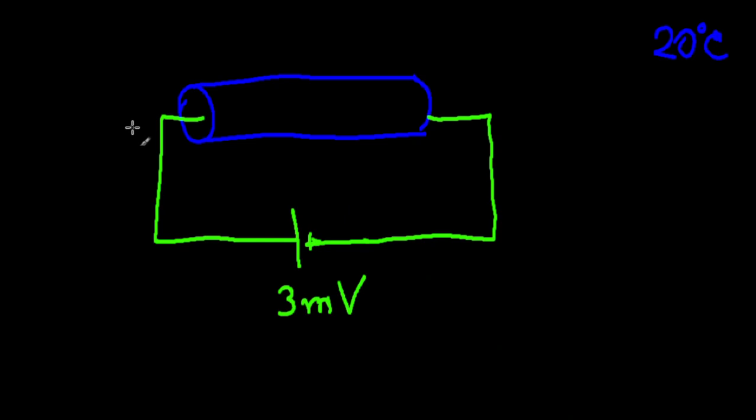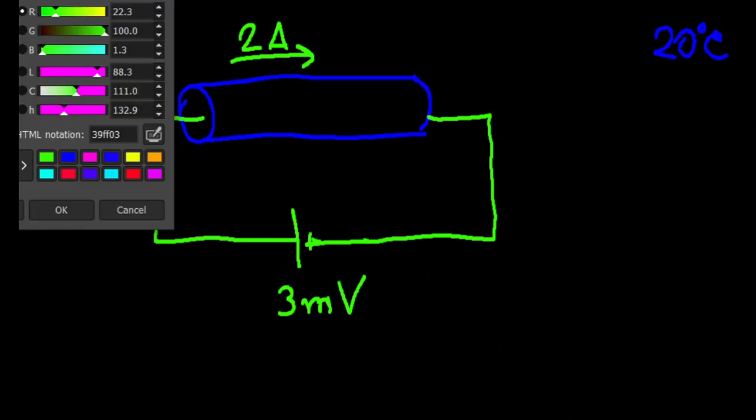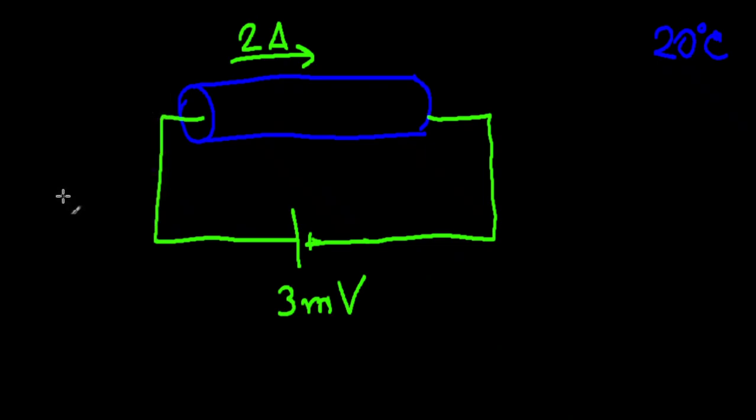It provides a voltage of 3 millivolts, and because of that, you get a current of 2 amps through this rod of ours. We are given some more information, specifically about the dimensions of this rod. This has a length of 2.10 meters and a diameter of 5.47 millimeters.